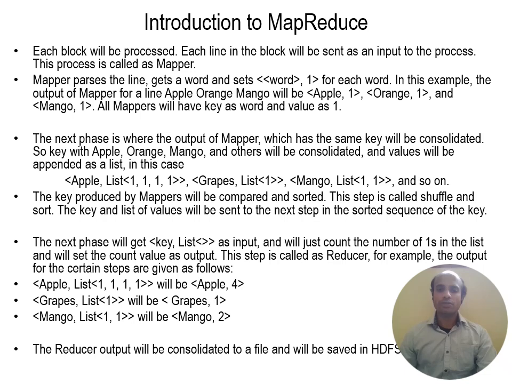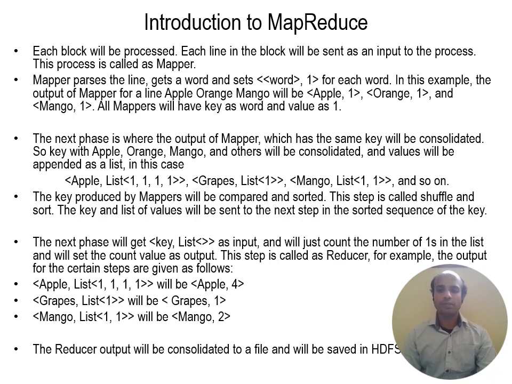So each block will be processed. Each line in the block will be sent as an input to the process. This process is called the mapper. The mapper parses the line, gets the word, and sets the word and the number, the value for each word.